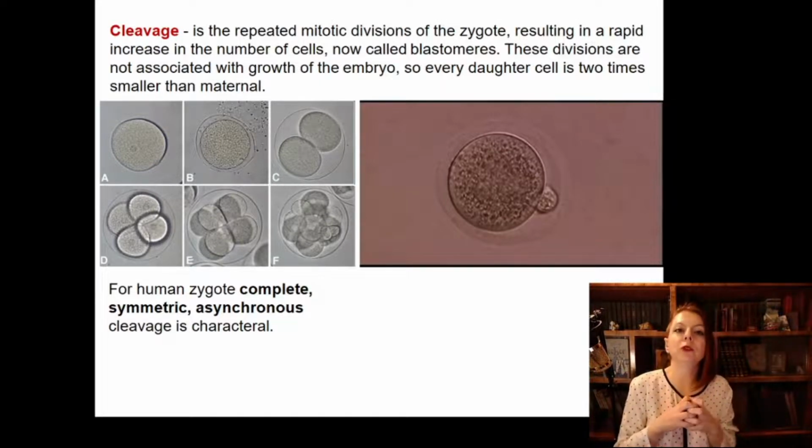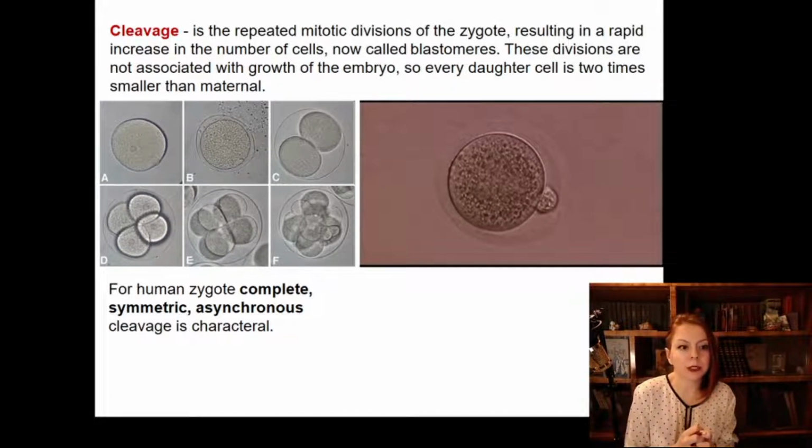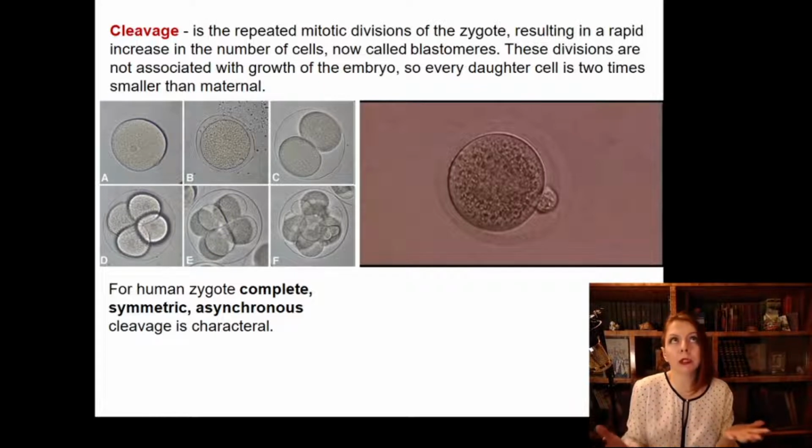Just after the fusion of gametes, after the formation of the zygote, cleavage takes place. So the zygote starts to divide. And along with this division, there is no phase of growth, there is no G1 period, so cells do not increase in size because the amount of nutrients is restricted.